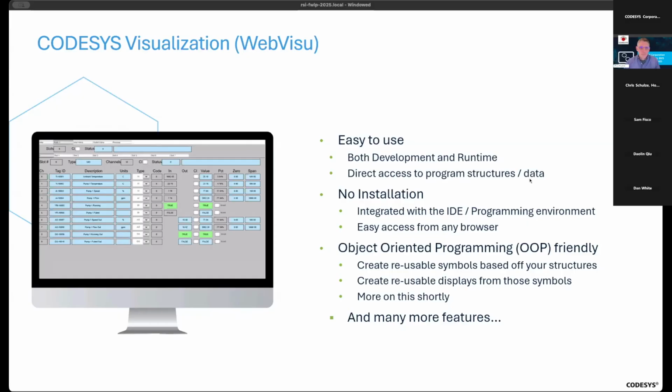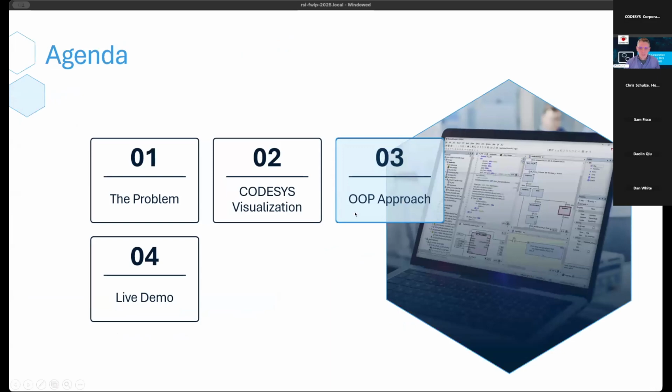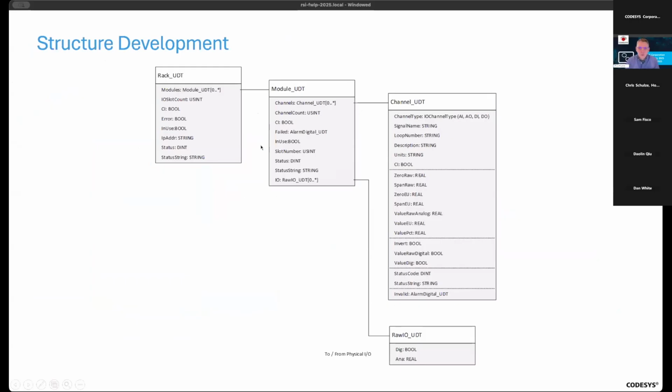All right. So lastly, the object-oriented approach here before we get to the live demo. So we created some structures that we build on for this system. Even Sam mentioned in his presentation the idea of extending structures or inheriting structures. And that was the plan we made here.